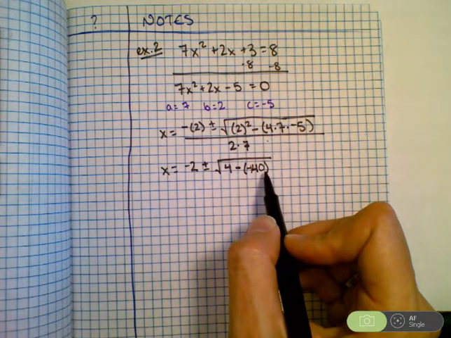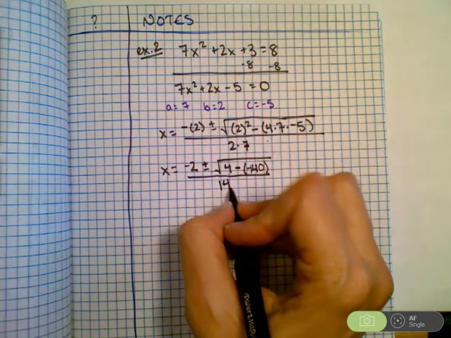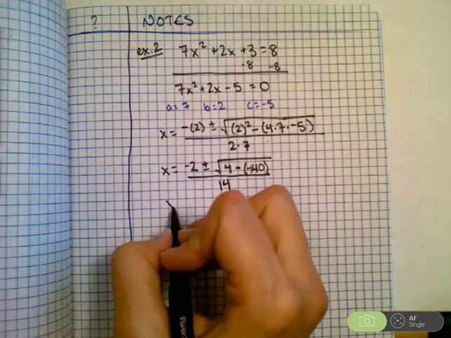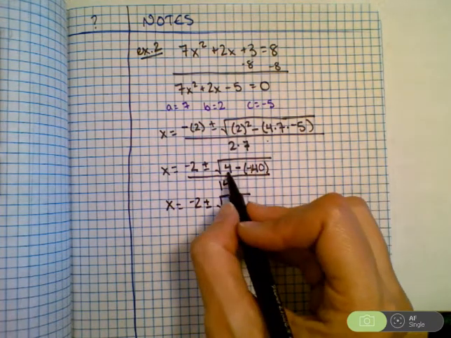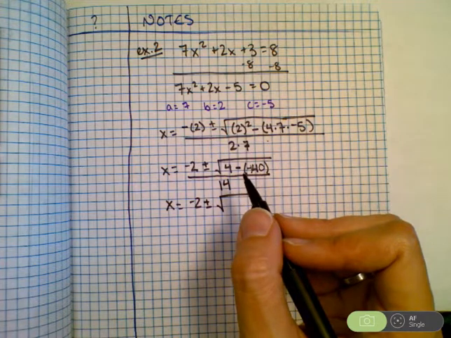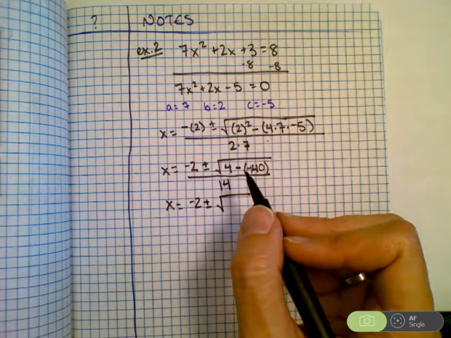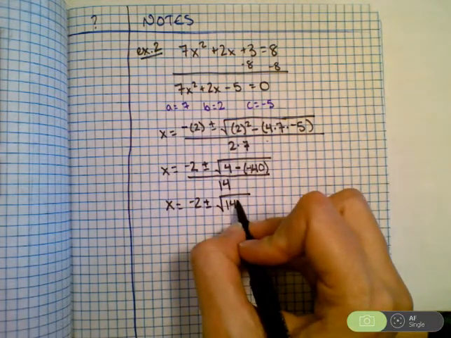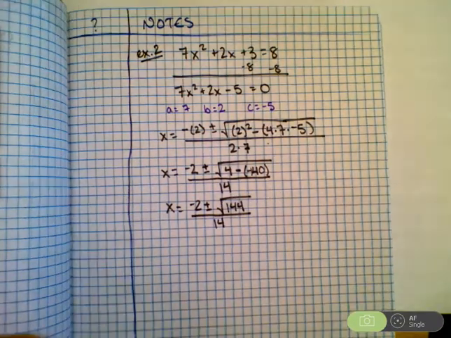Minus -140 again, in case you need that. And then 2 times 7 is 14 on the bottom. So x equals -2 plus or minus the square root of 4 minus -140. Well, minus -140 really means we would add it. But if you type it in your calculator just like that, you'll get positive 144 over 14.